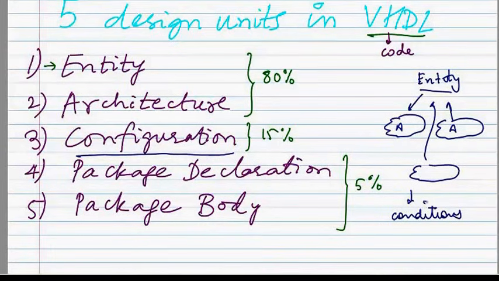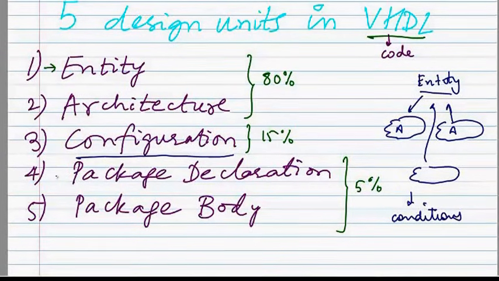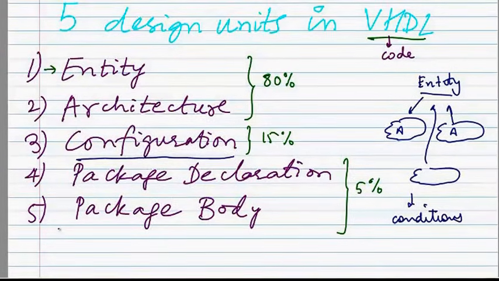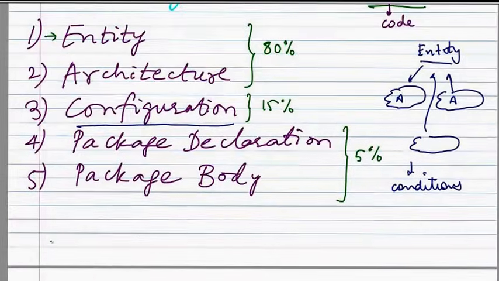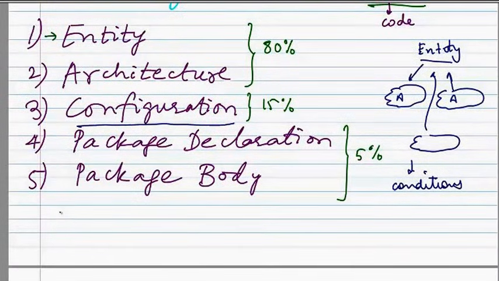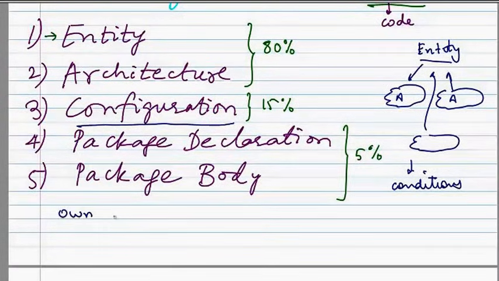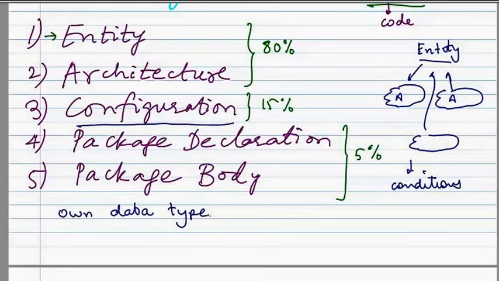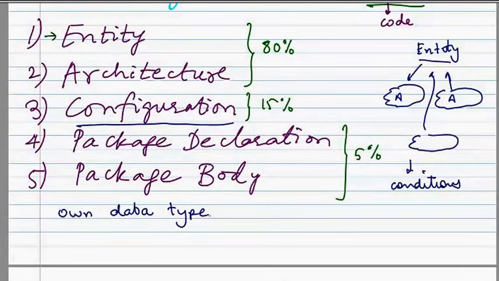so that leaves us with package declaration and package body. Now suppose I would like to make my own data type, such that we looked at standard_logic. Now I would like to specify my own data type, my own input output ports which are globally used.